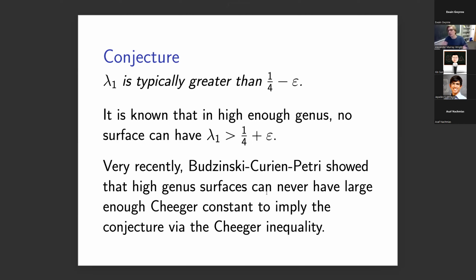So you have a Cheeger inequality. The Cheeger constant of the hyperbolic plane is 1. And if it had been the case that the Cheeger constant was typically close to 1, the Cheeger inequality would have proven this conjecture about lambda 1. But Budzinski, Curie, and Petri gave a very precise upper bound that was well below 1.